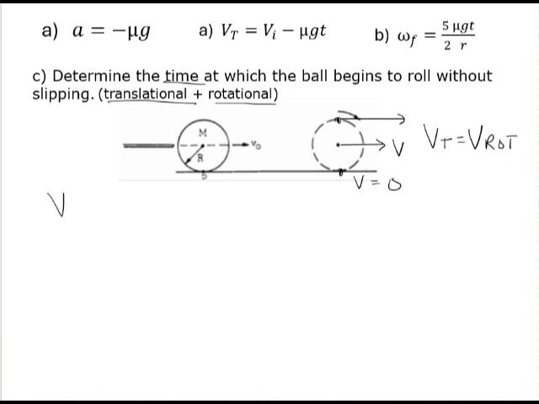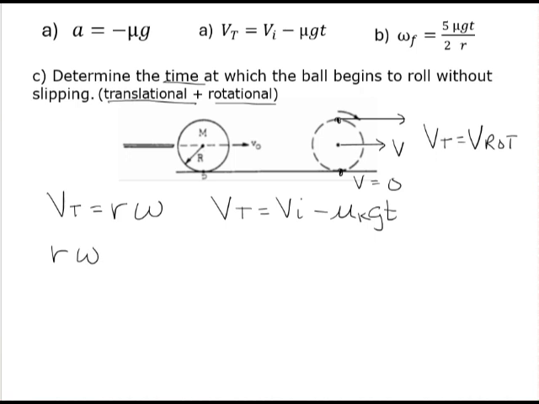We know that we have an equation for the translational velocity that connects to angular velocity as r times angular velocity. From step 1, we know that the velocity at the time period that we're looking at is going to be equal to the initial velocity minus mu k gt. And then we can set the two equations equal to one another.